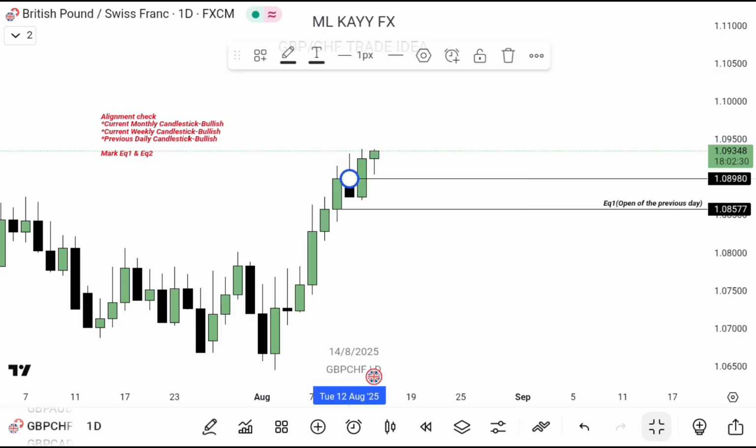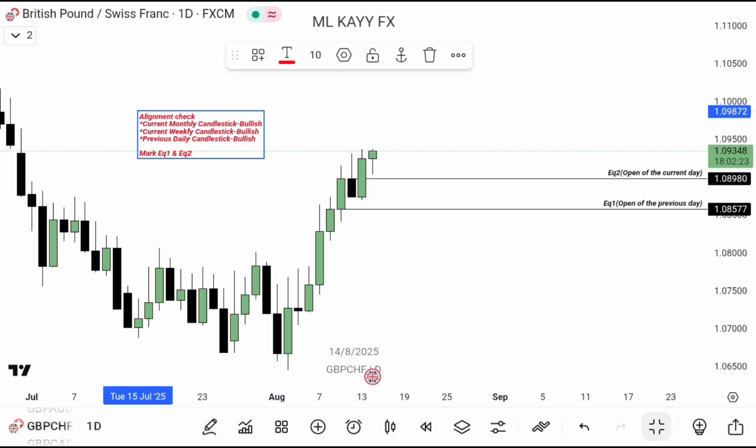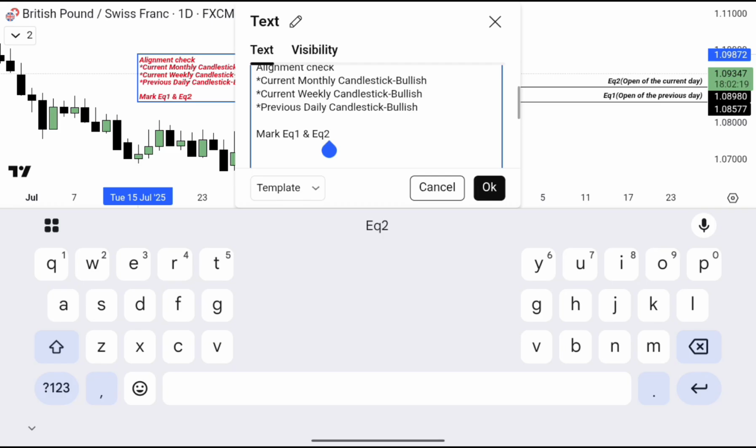Right, so we have EQ1, the open of the previous day, then we're gonna have EQ2, the open of the current day. From there, we are going to drop down exactly to the 2-hour time frame.